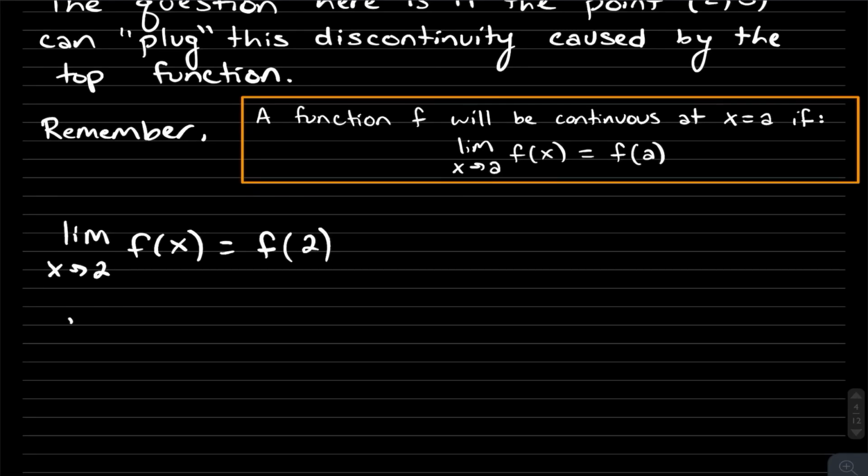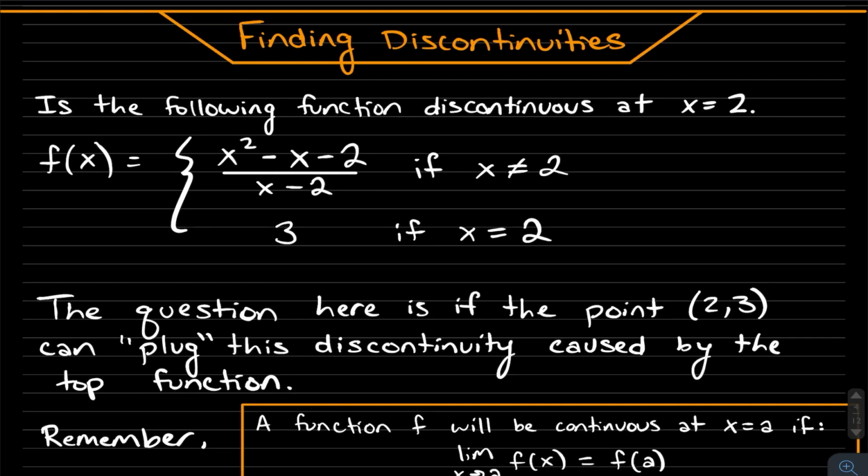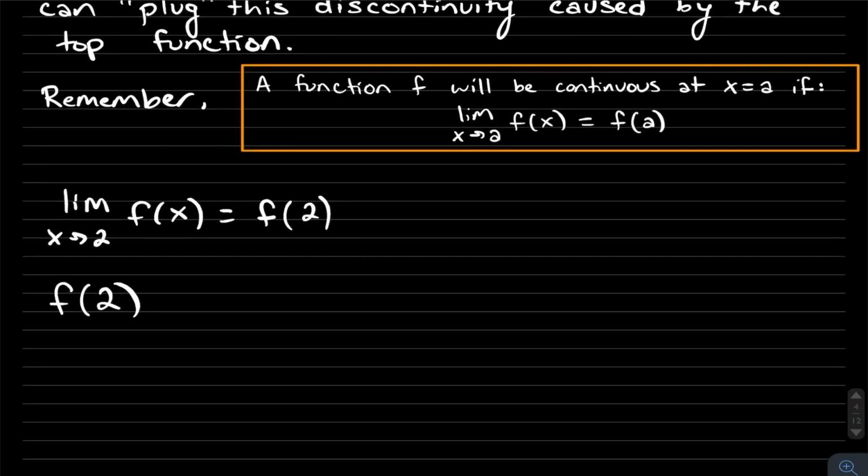What's f of 2? If you plug in 2 into this function, what do you end up getting? If x is equal to 2, we get 3. It says that in the piecewise function. So this is 3.